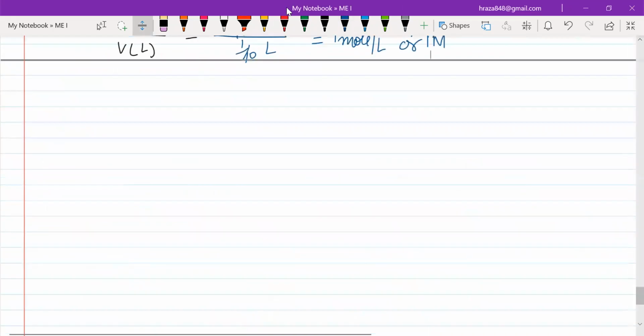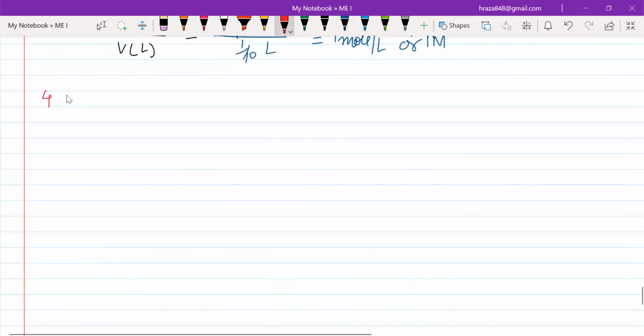Now say it's given that 4.9% weight by volume H2SO4, right? We need to calculate molarity.